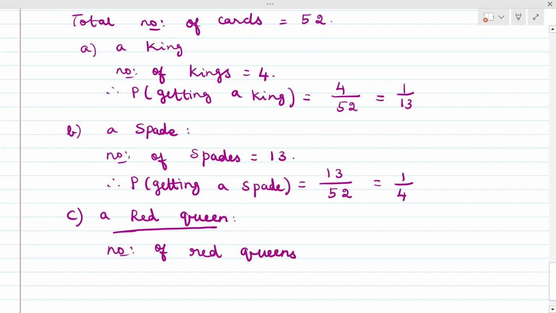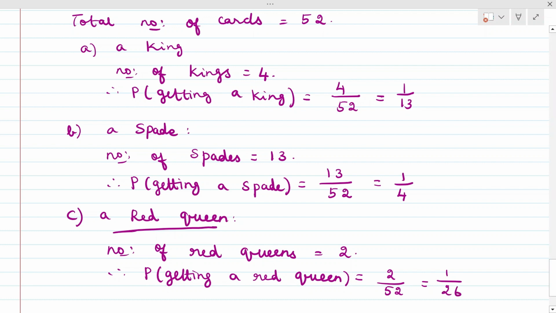Okay, so that is equivalent to 2. Therefore probability of getting a red queen is equal to 2 by 52. 2 is our favorable outcome and 52 is the total possible outcome. So it is equivalent to 1 by 26.